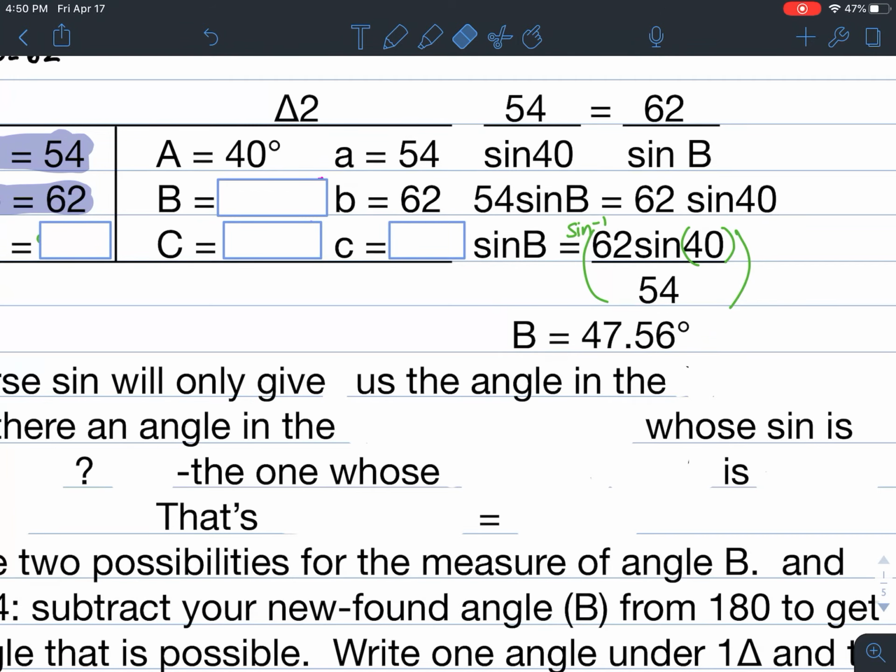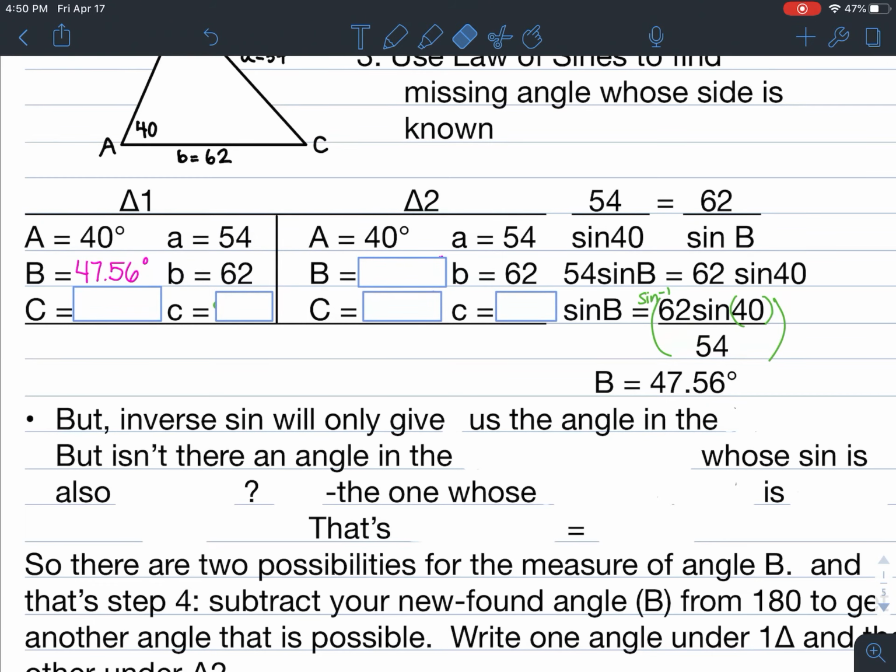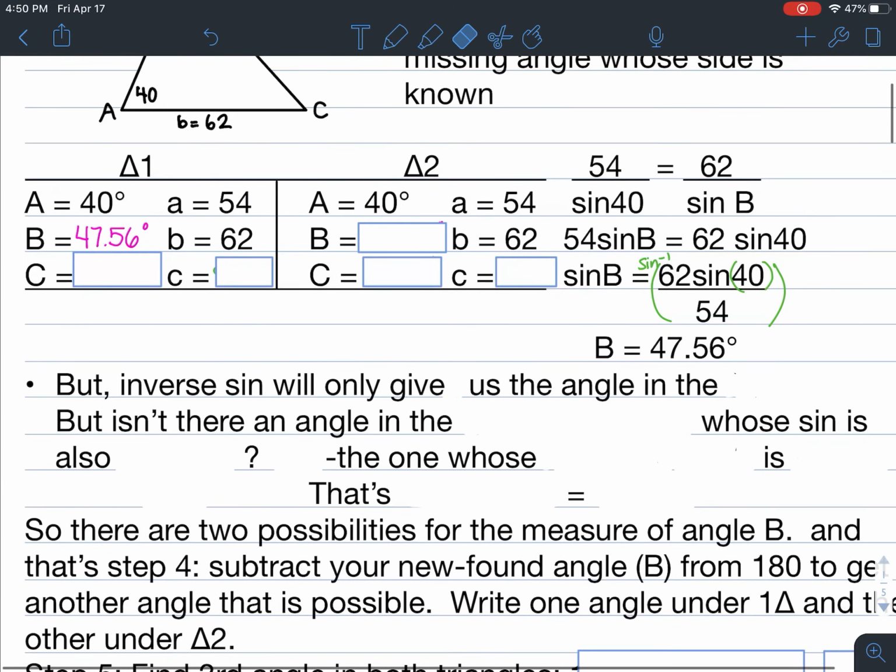And for B, we get 47.56. So I know that angle and I'm going to put it right in box B here, 47.56. Okay?